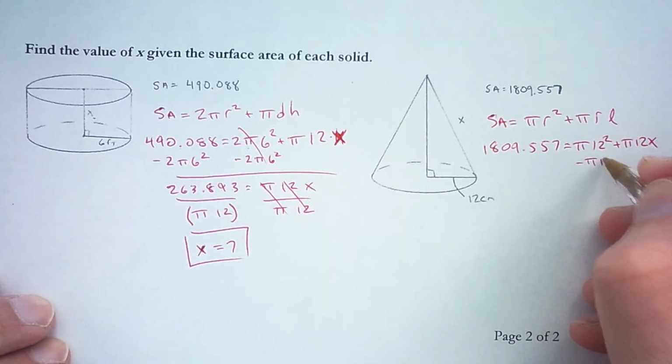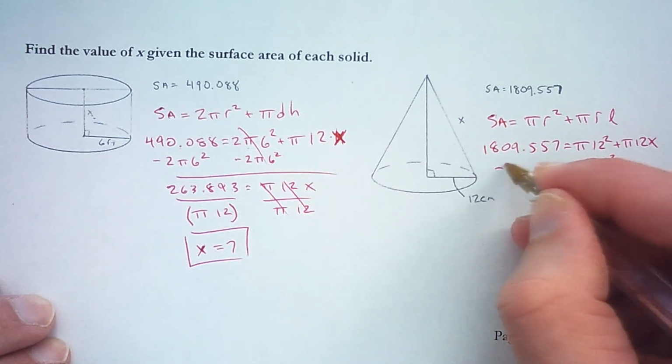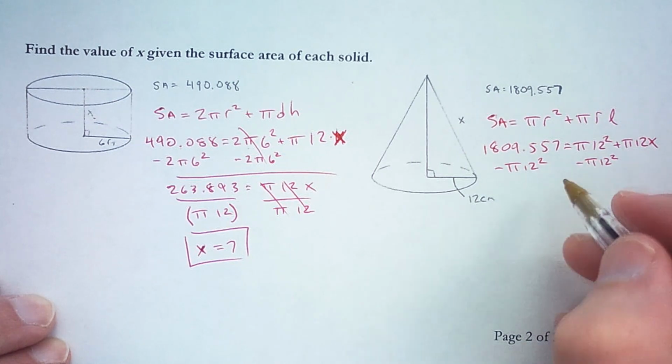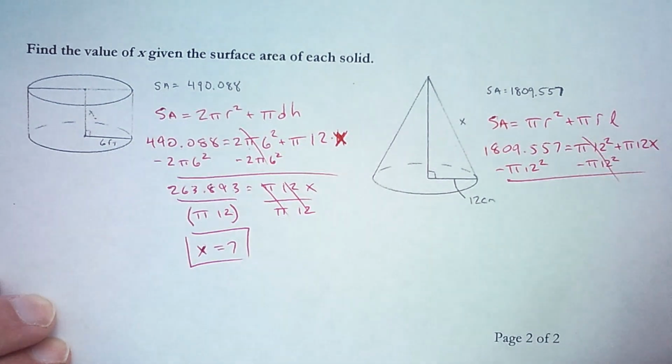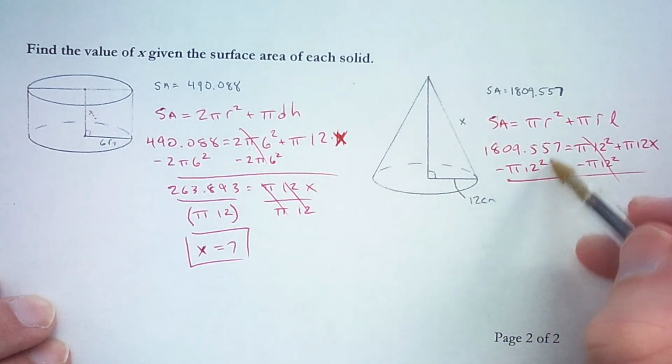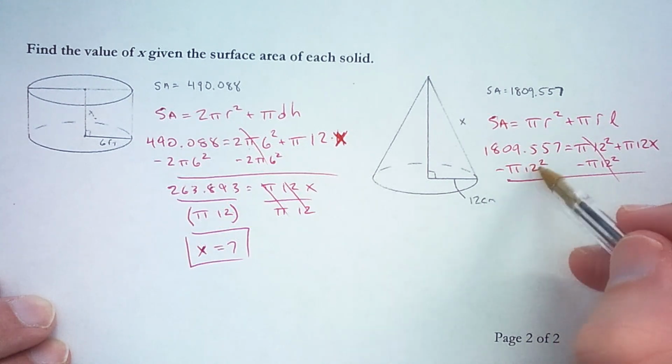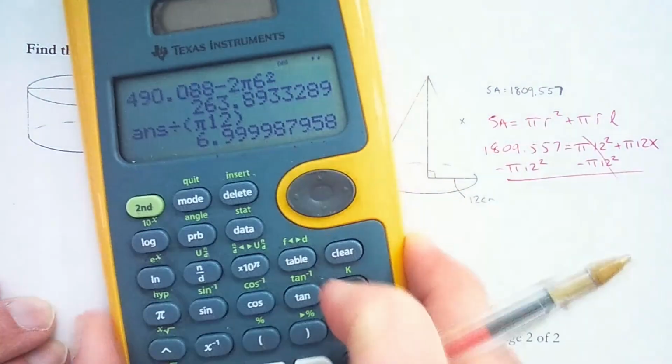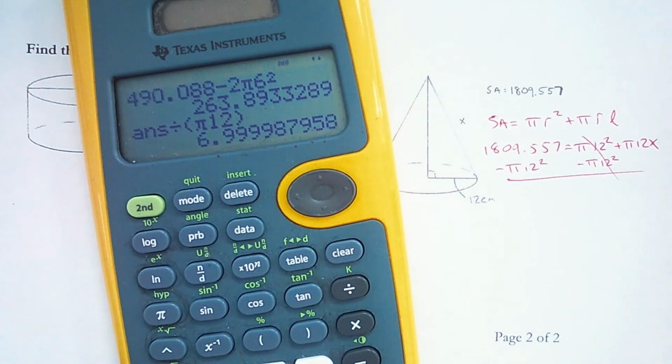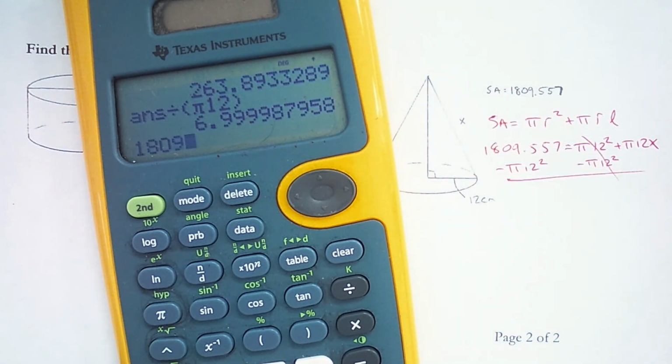So we can subtract pi 12 squared, and again the calculator will do order of operations correctly by multiplying this before it actually subtracts. So I won't necessarily need parentheses. Of course, if I do use parentheses, it won't hurt either.